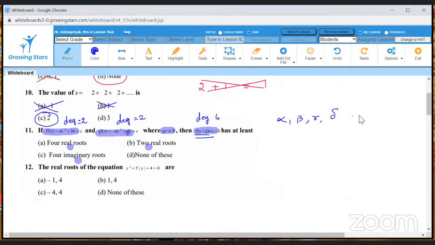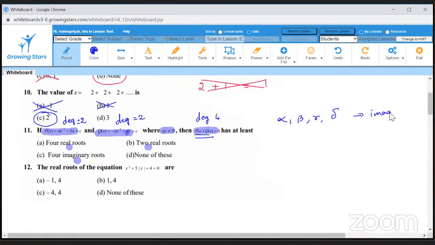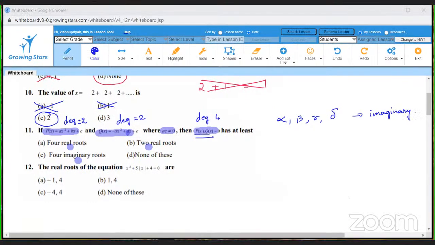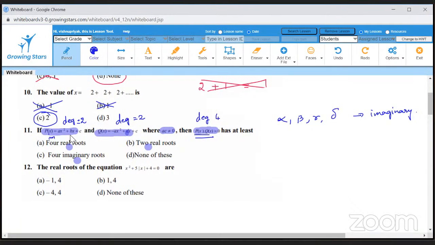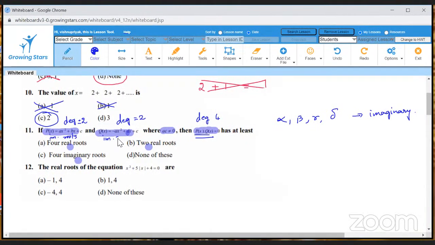Let us take all the 4 roots are imaginary roots. 4 roots being imaginary means what? For the first equation, it must have imaginary roots. For this equation also, it must have imaginary roots. For both.